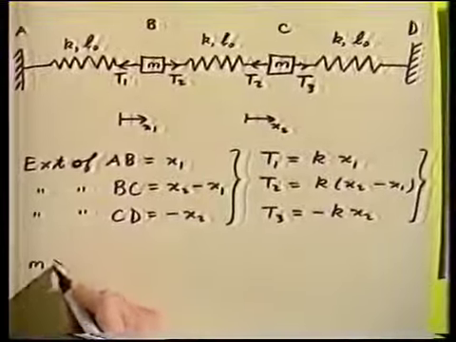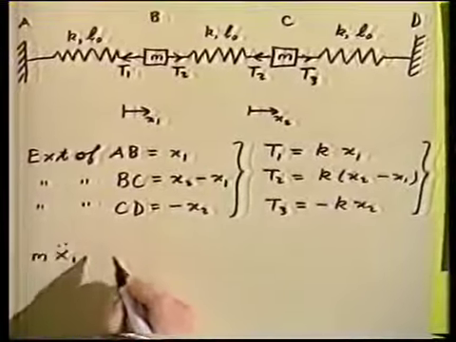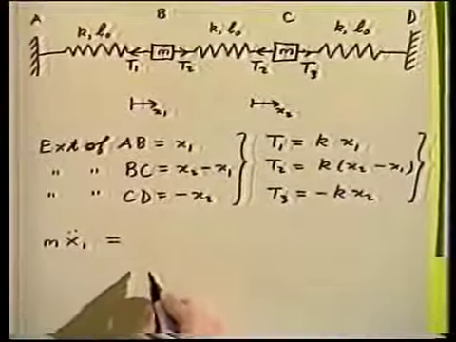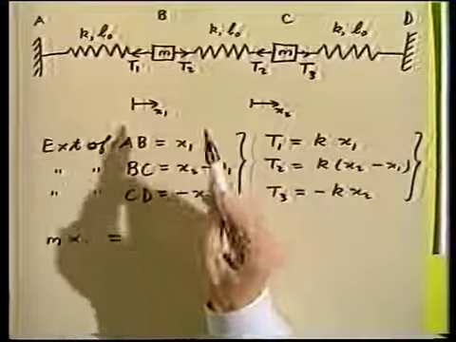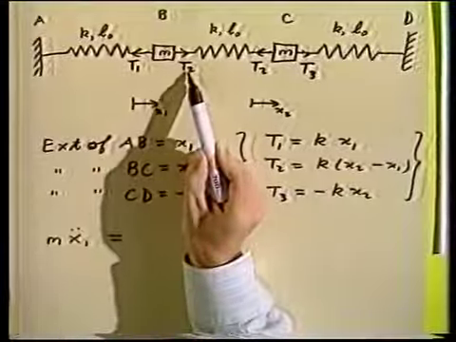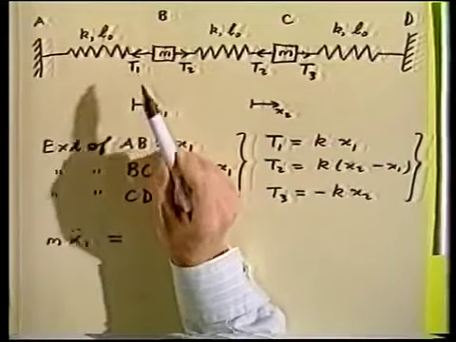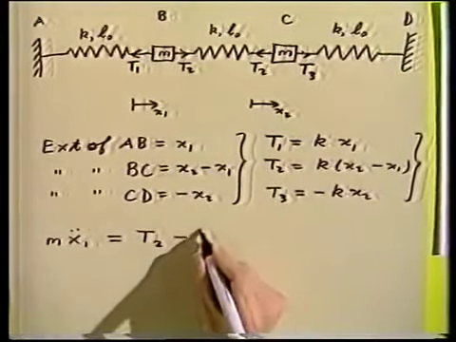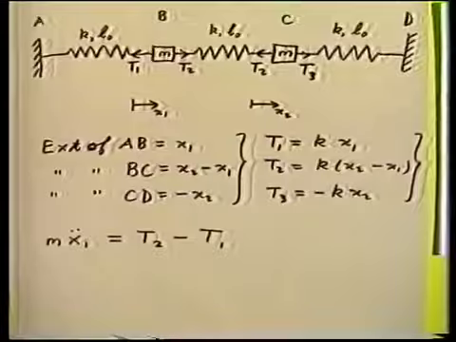Firstly, the equation of motion for the particle B. Mass times acceleration equals the total force. The forces acting on B are T2 to the right and T1 to the left. So the total force is T2 minus T1.